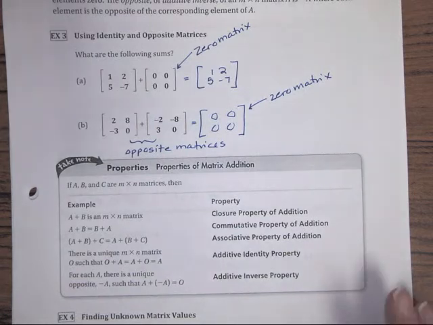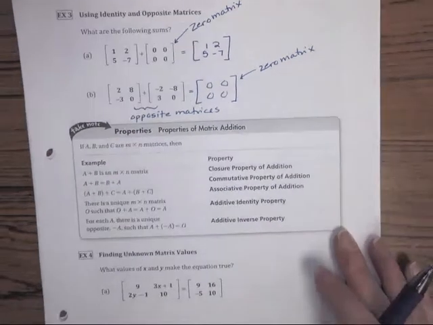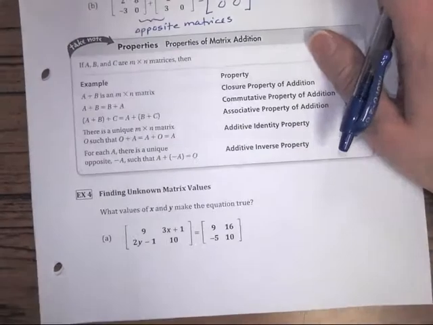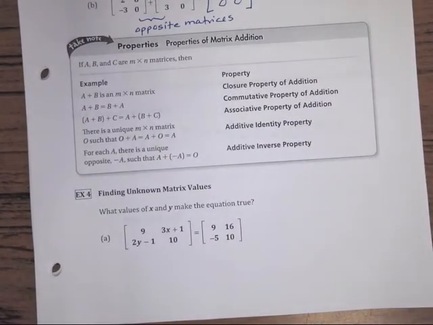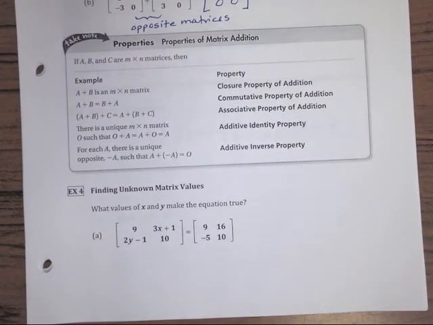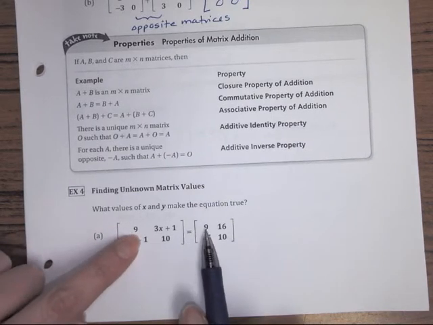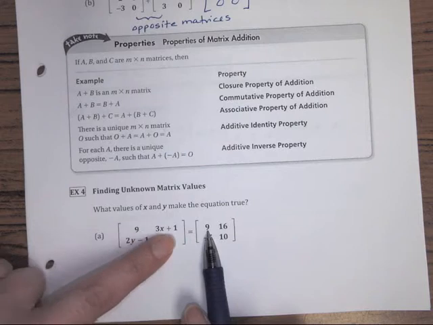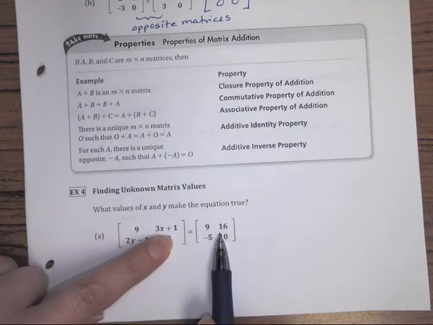I think maybe this is our last example at the bottom of the page here. We're going to solve for some variable values that happen to be in matrices. Now, these two matrices are equal, right? Because I have an equal sign between them. Notice, a 9 in both places, right? So 3x plus 1 must be equal to 16. Is that a fair assumption then?